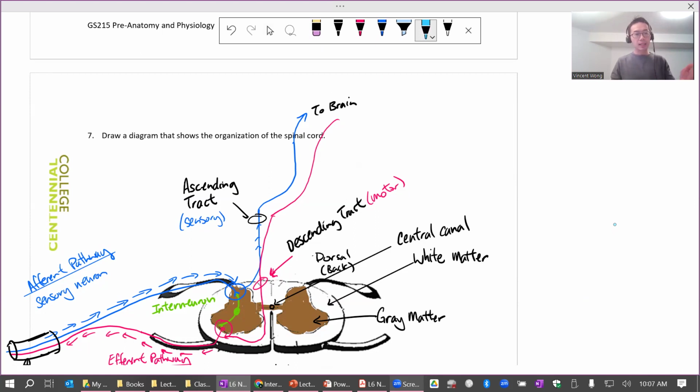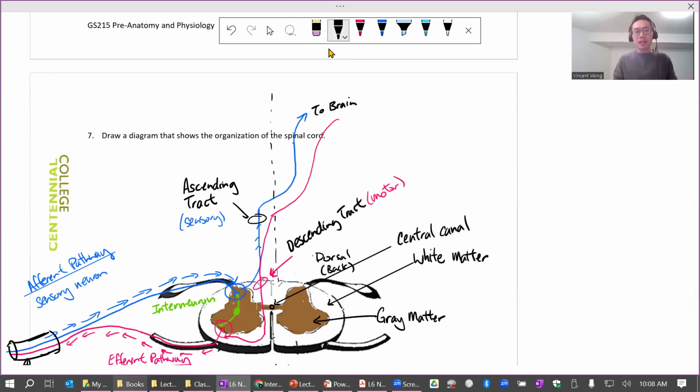You're gonna complete the spinal reflex here, but at the same time, it's gonna go up to the brain. It's gonna cross over the middle. This is the middle, right? So you're gonna cross over at the medulla oblongata. Talk about that later. But ultimately, it goes to the brain.